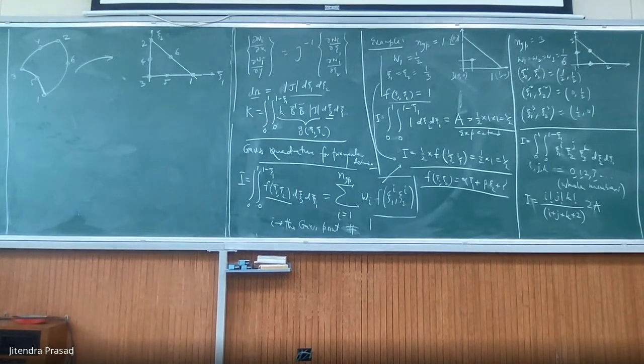So let us say the function is 1, so i equal to 0, j equal to 0, k equal to 0.